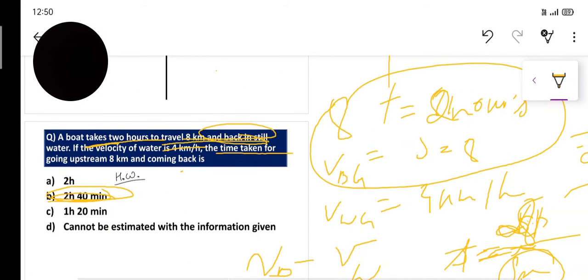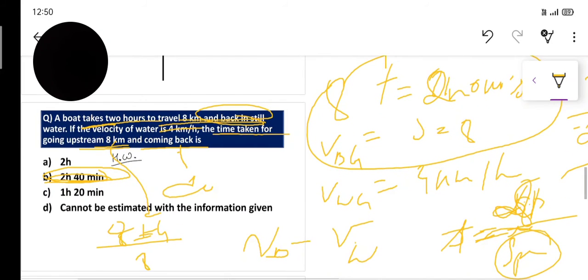Now look, coming back is downstream and going is upstream. Here the distance is 8. Time is distance divided by speed.